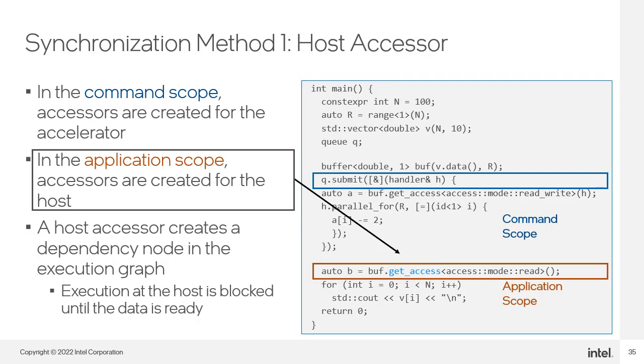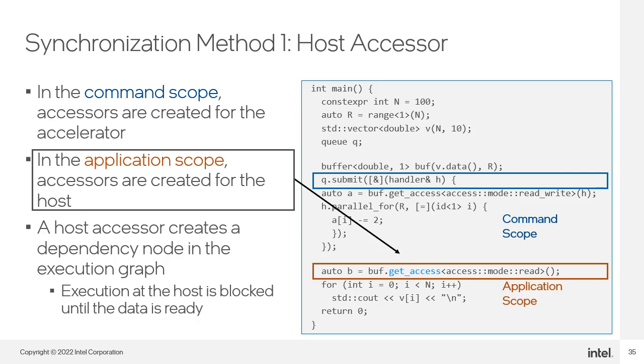The first way to impose synchronization is by placing an accessor in the application scope. So far, we have only used accessors in the command scope, which is from the accelerator device's point of view. Accessors created in the application scope are for the host. When the host accessor also points to the buffer the kernel is accessing, runtime creates a dependency node in the execution graph.